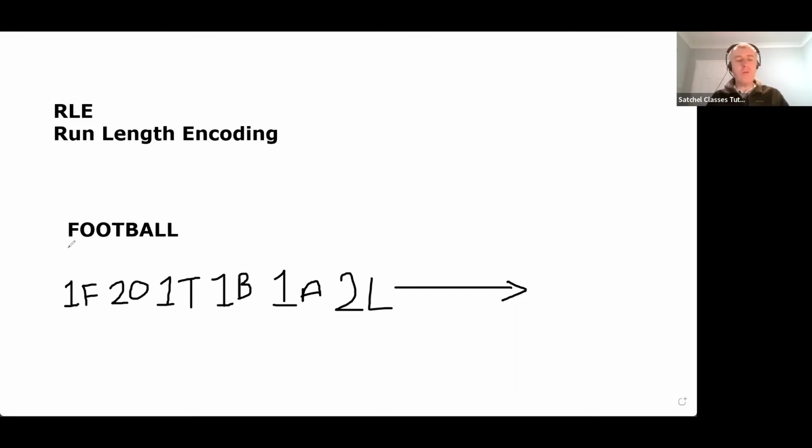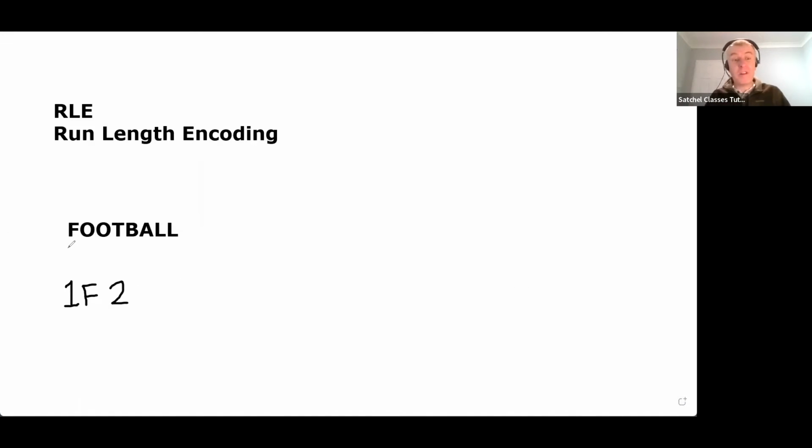We can also use pixel colors, for example, with RLE. That quite often comes up as an example or a question. What I mean by that is, say we've got various colors like so.